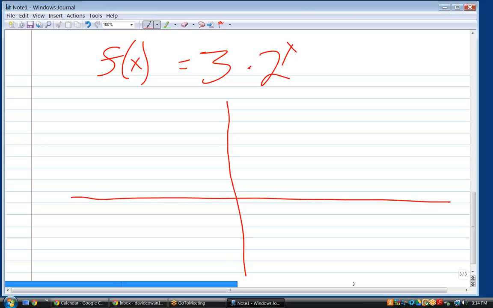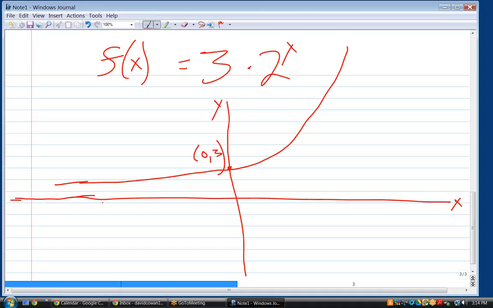The way to graph this is to start with the first point by letting x equal 0. What is this function when x is 0? 3. Okay. And all exponential functions kind of look like that, where this is asymptotic to the x-axis.